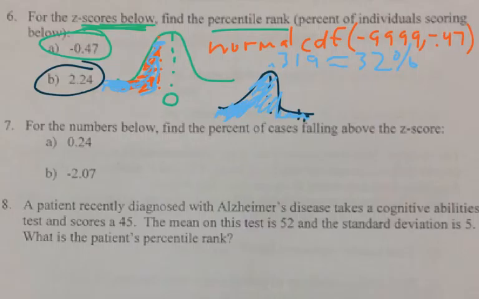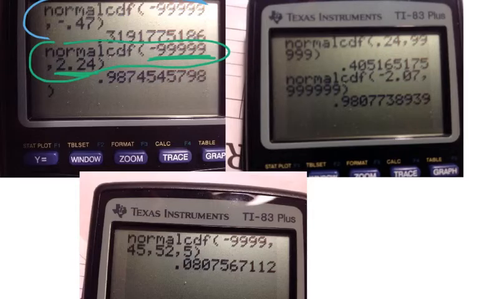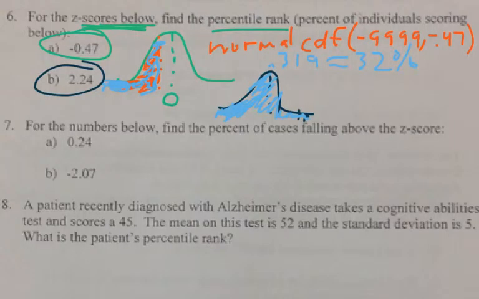Remember, always go from left to right. So if you look right here, follow the green. Let me erase the blue here, get out of the way. If you follow the green right here, guys, notice I went from negative infinity up to 2.24 standard deviations above the mean. And as predicted, I got a very high percentage. 0.987, right?